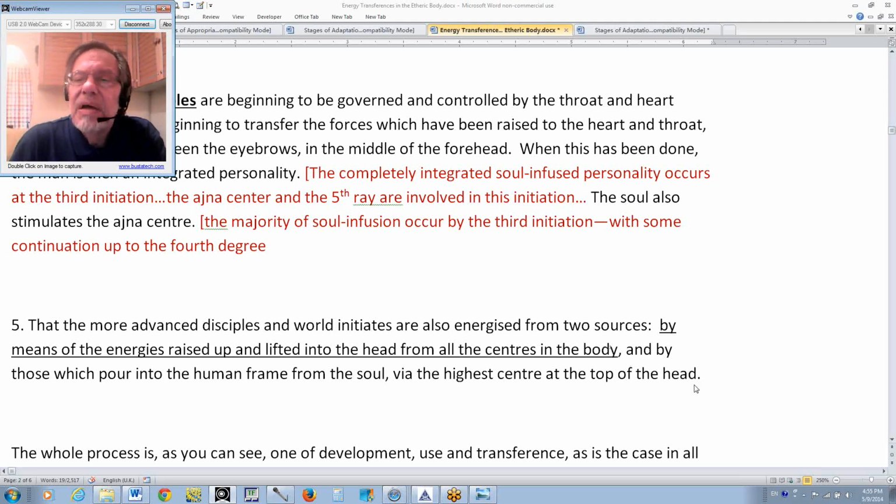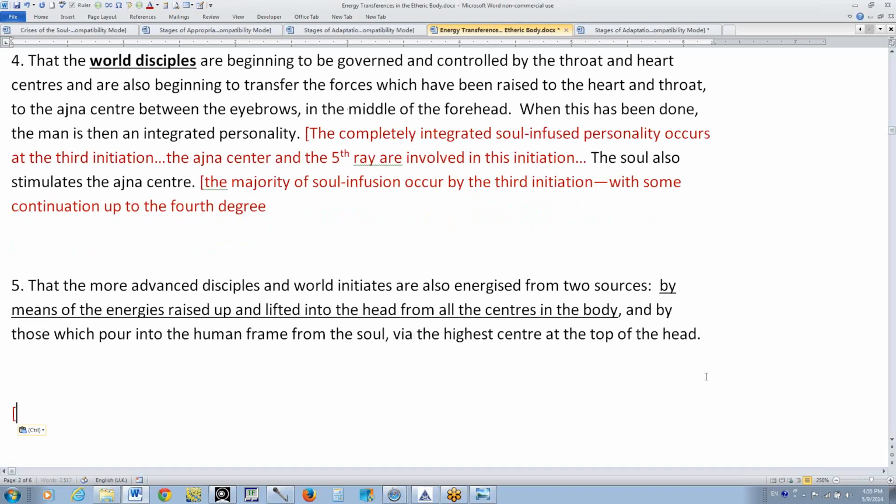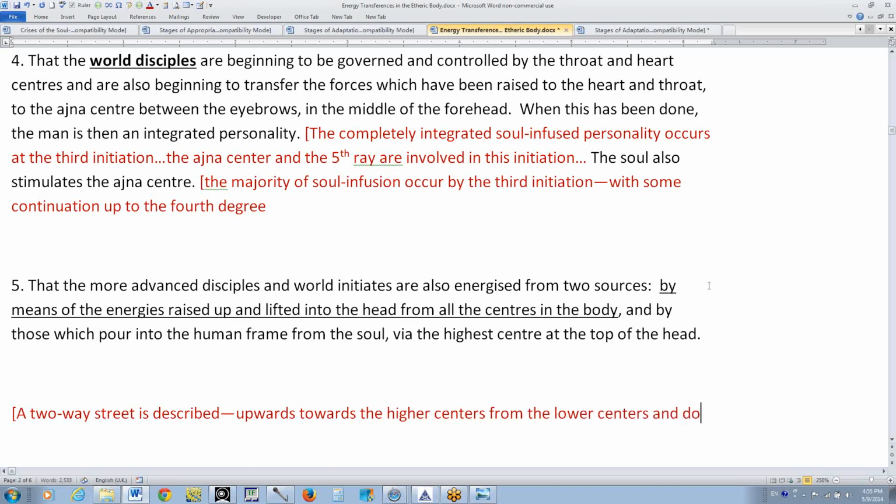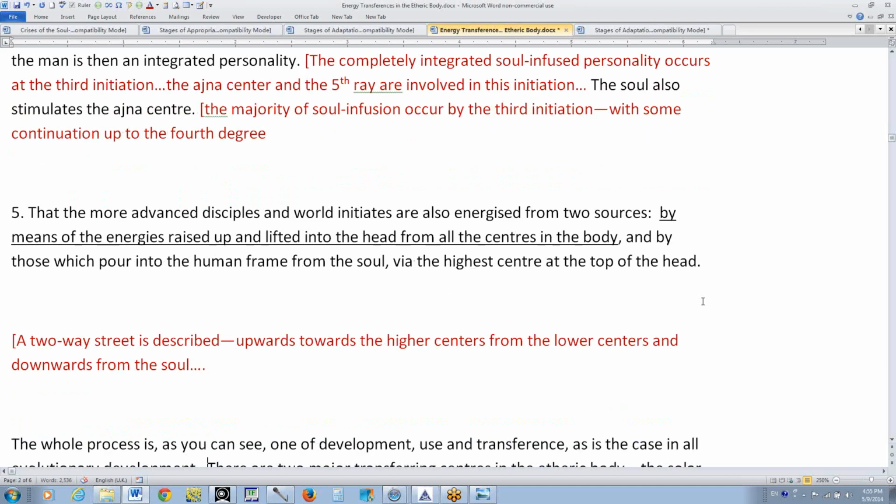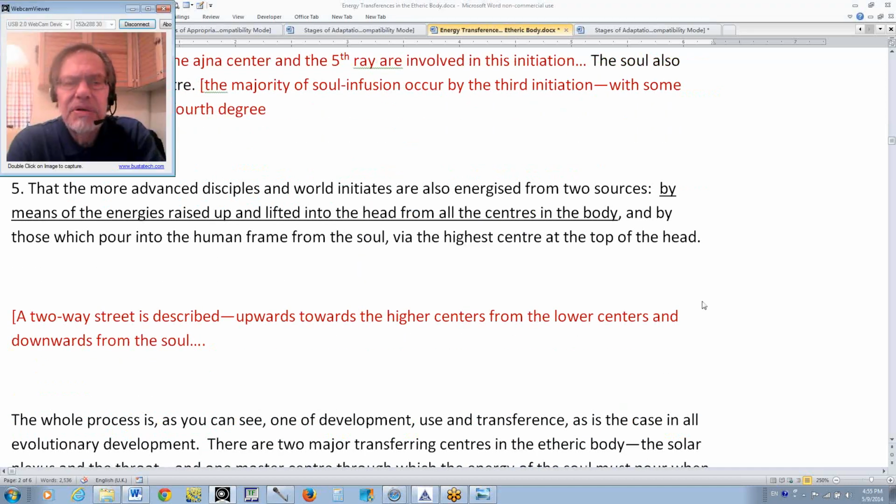In each case, he represents a two-way street. We see that, right? A two-way street is described: upwards towards the higher centers from the lower centers, and downwards from the soul into the various centers, and especially into the higher centers, the centers above the diaphragm. In the early days, of course, when the soul energy comes down, it's immediately shunted into the lower centers.